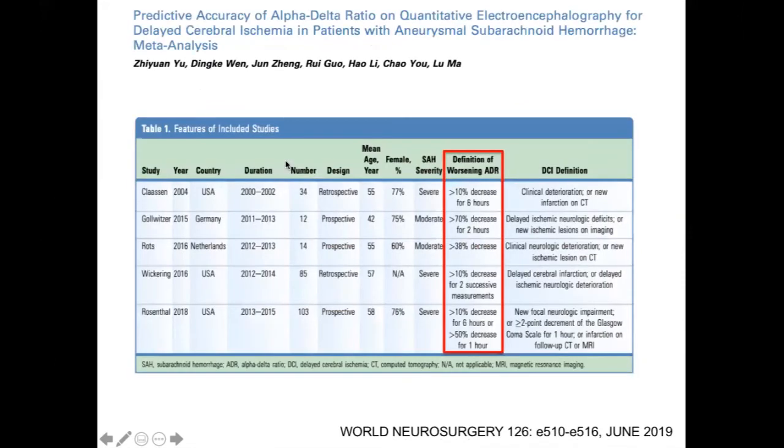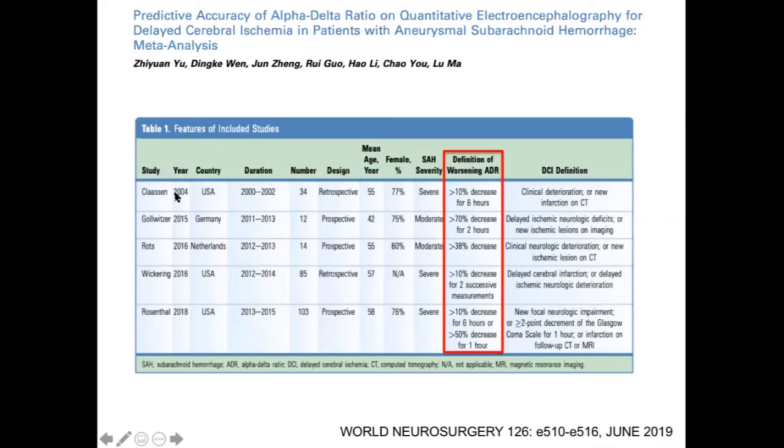Indeed, this meta-analysis shows the studies that have investigated the alpha-delta ratio, so the AD ratio, as a diagnostic predictor for delayed cerebral ischemia.